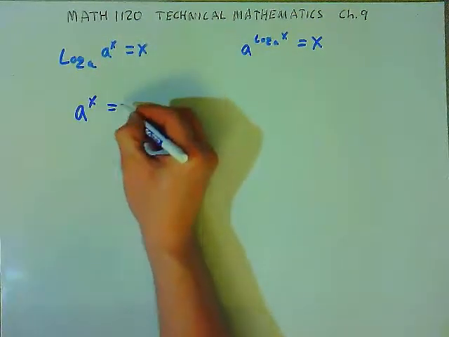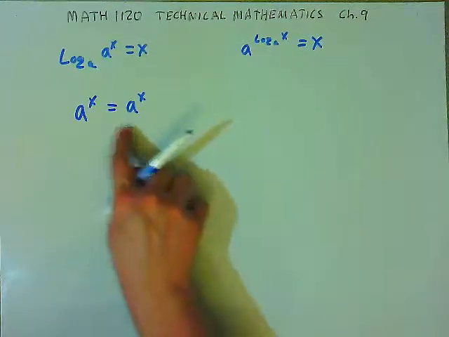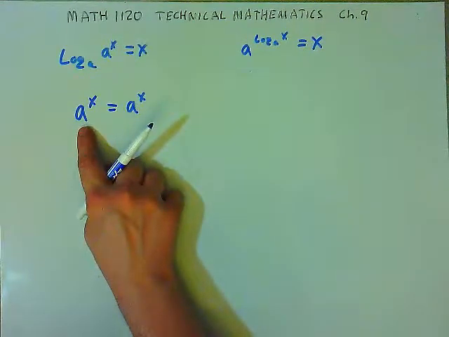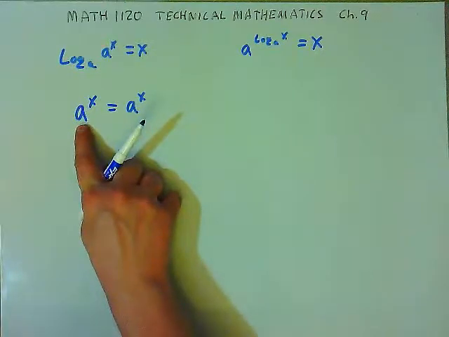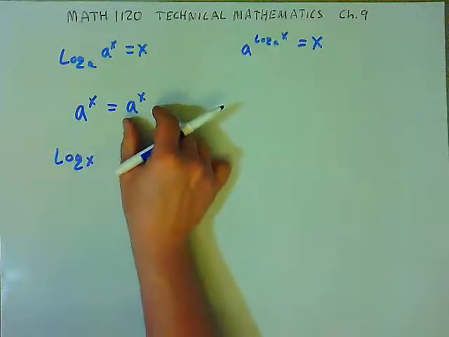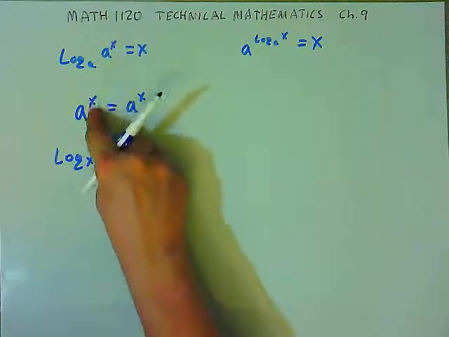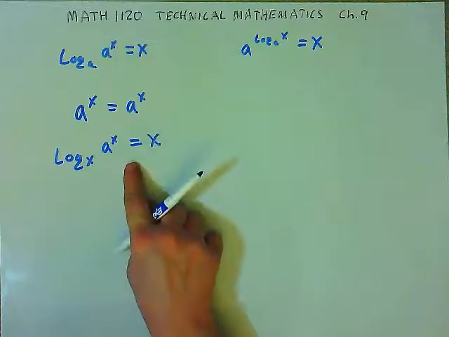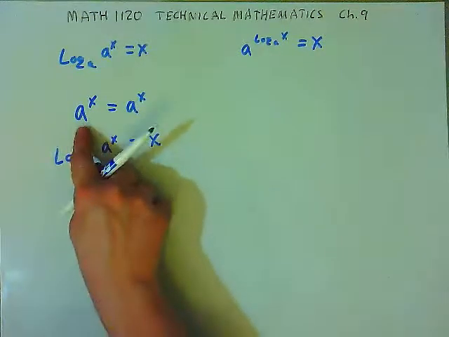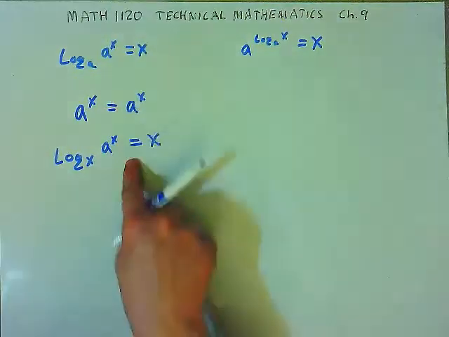And so to prove this one, we're going to start by saying, and I think you can agree, that a to the x is equal to a to the x. They're equal, they're the same. And so we can write this in a logarithmic form. This is going to say that log base a of a to the x is equal to x. And so I just followed the rules for changing an exponential equation into a logarithmic equation, and this is what the identity says.